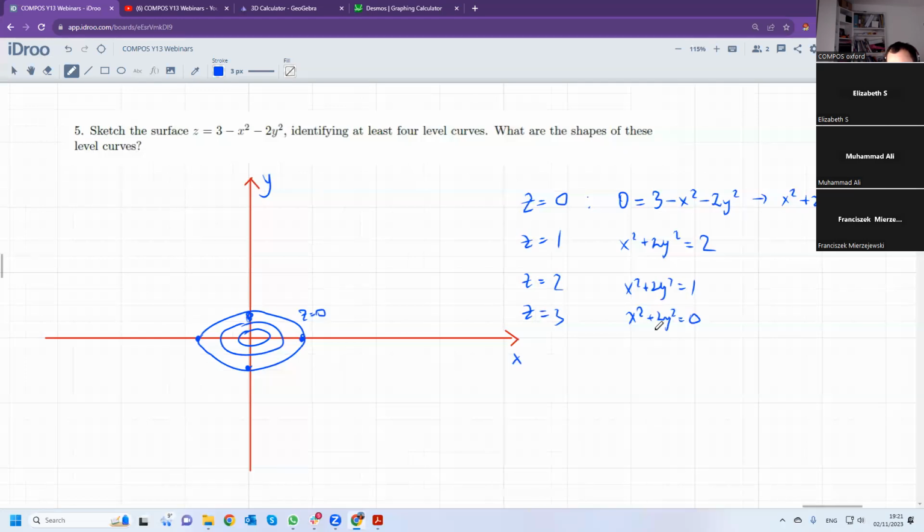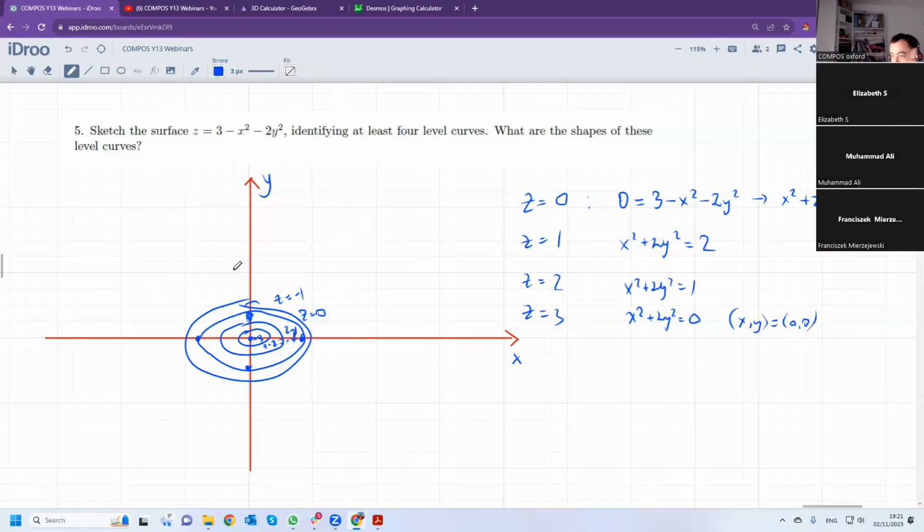And this is only possible when both x and y are 0, right? x squared plus 2y squared is 0 only at a single point, (x, y) equals (0, 0). So it's a single point. All right, 4 level curves. So maybe one more, for z equals -1.